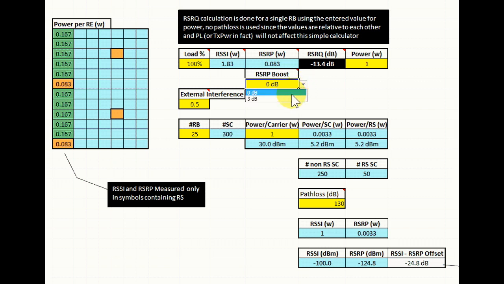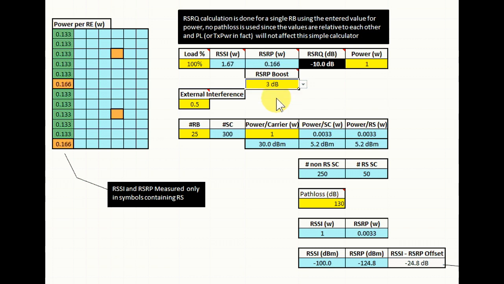But if we boost that power by 3 dB, so 3 dB more power will be put into the reference signal symbols. Because we only have a 1 watt transmit, that extra 3 dB of power we're putting into the reference signals must be borrowed from the resource elements carrying the traffic. So we'll get more power in the reference signals but less power in the serving cell resource elements. We can boost the power by 3 dB.